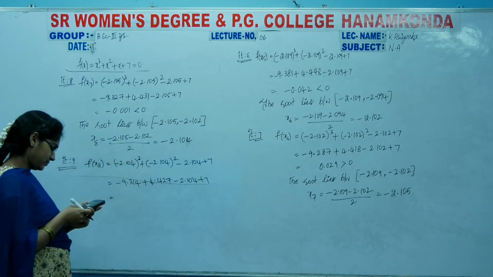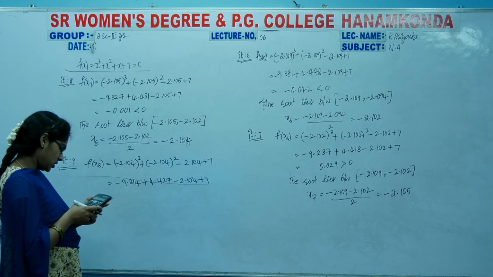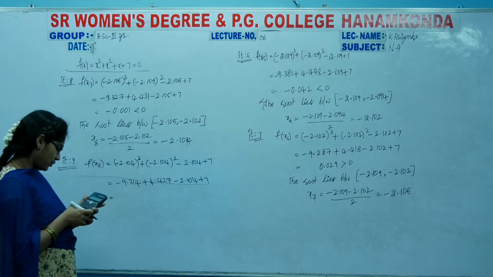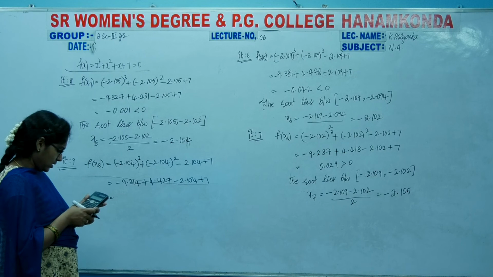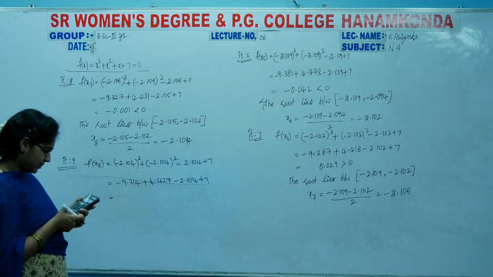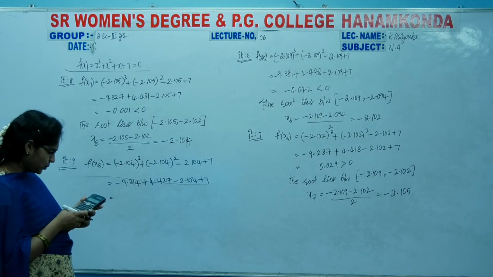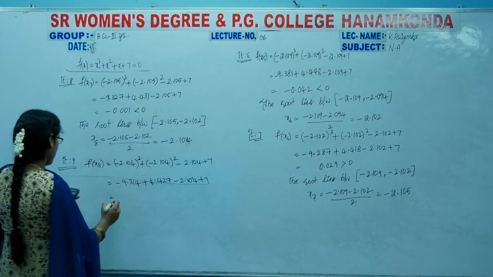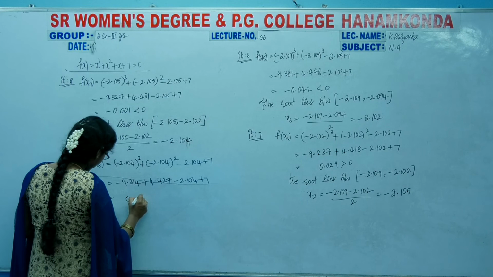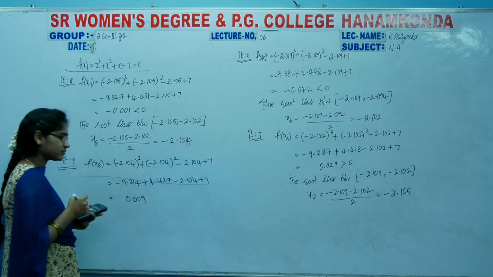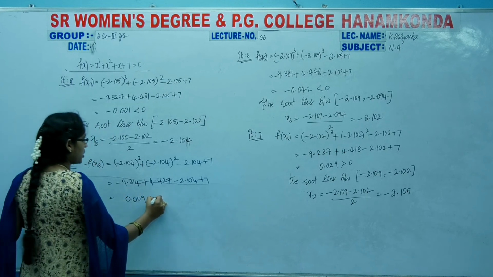Now totally minus 9.314 plus 4.427 minus 2.104 plus 7. Now it is positive only 0.009, which is nothing but positive.